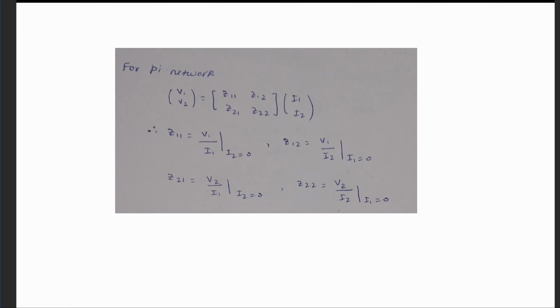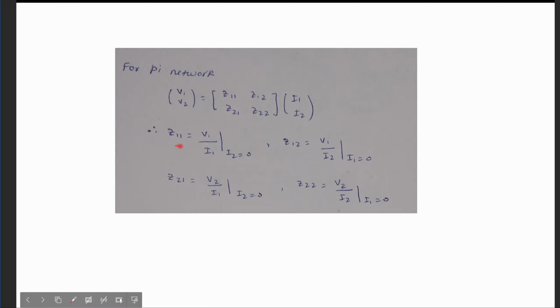First of all, you know that in order to calculate the Z matrix you need to use this matrix representation where you write V1, V2 is equal to the square matrix of Z, which has Z11, Z12, Z21 and Z22 elements.